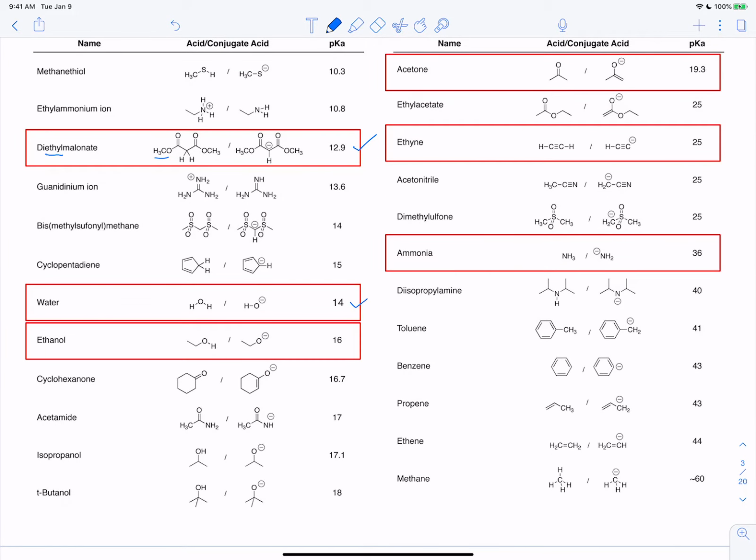We have water at 14. Alcohols are slightly less acidic at 16, and that's because the alkyl substituents are slight electron donors, destabilizing that alkoxide. We have acetone around 19 or 20. We have a terminal alkyne at 25, and we have ammonia here at 36.